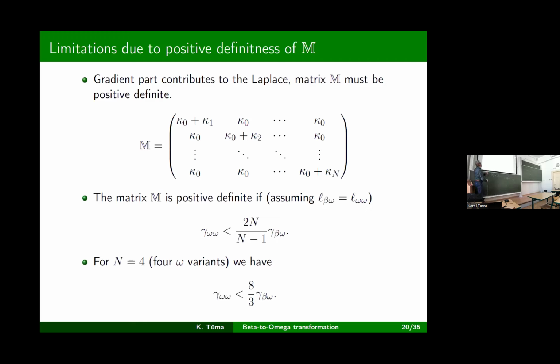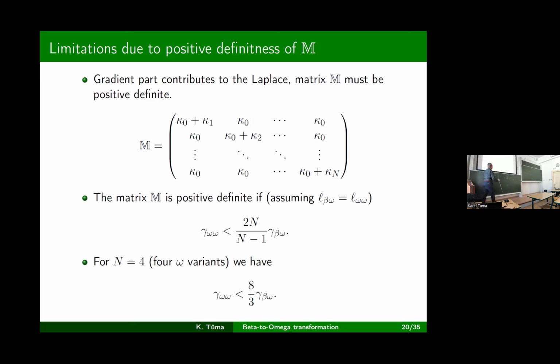So now I will come to the limitations due to the positive definition of the matrix M. I will repeat it. We want the second law of thermodynamics to be satisfied, and we want the interface energy to be bounded from below. So the matrix M, which looks like this, we want it to be positive definite.